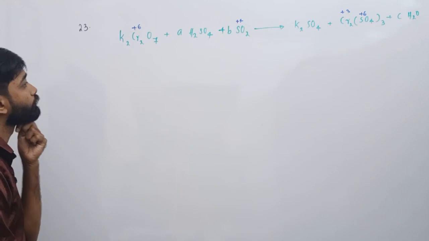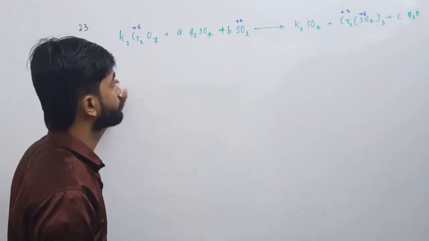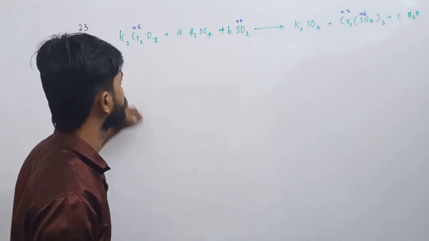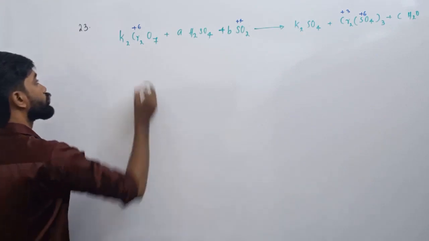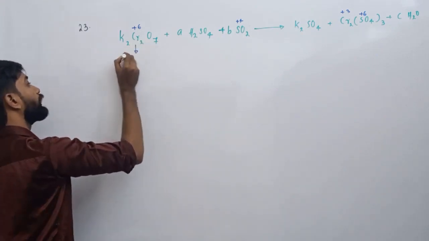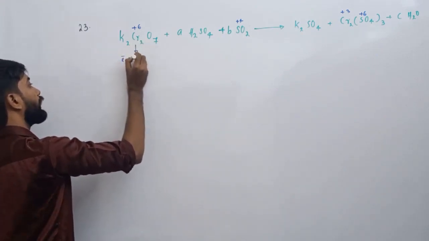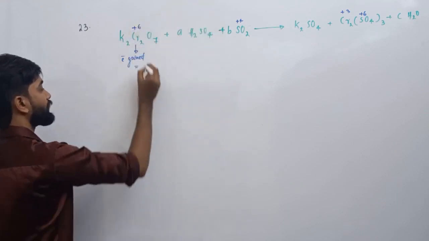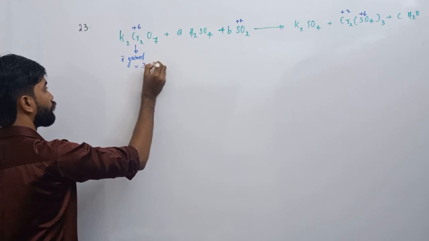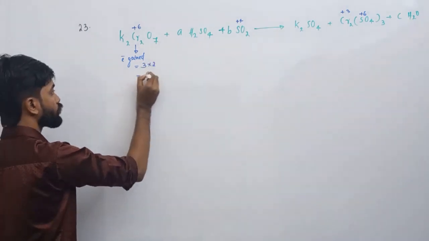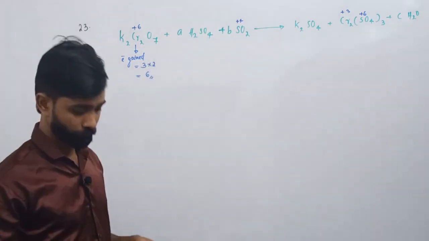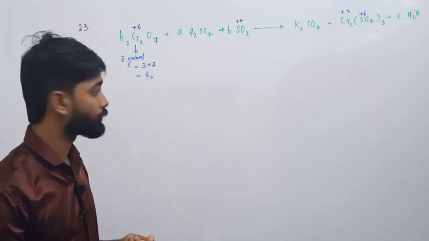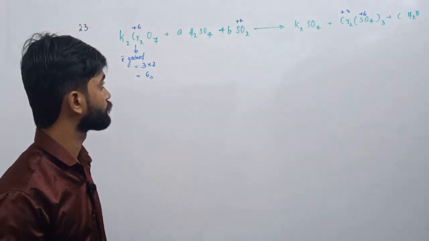So what is the number of electrons gained? Electron gained is the change in oxidation state, plus 6 to plus 3, that is 3, and the number of chromium atoms is 2, so electron gained is 6.